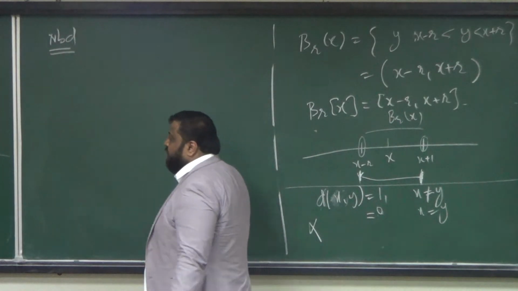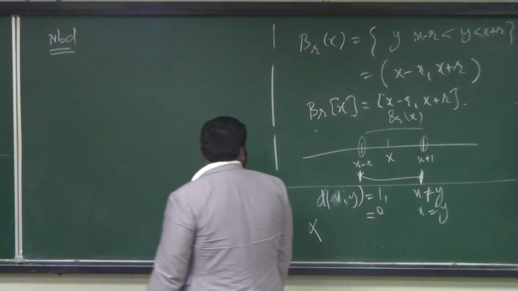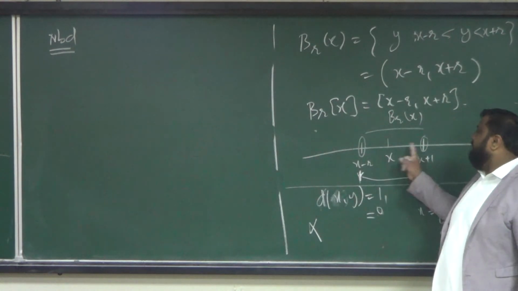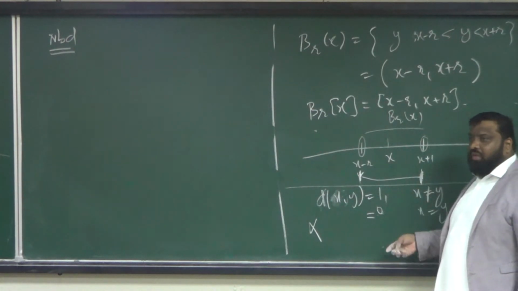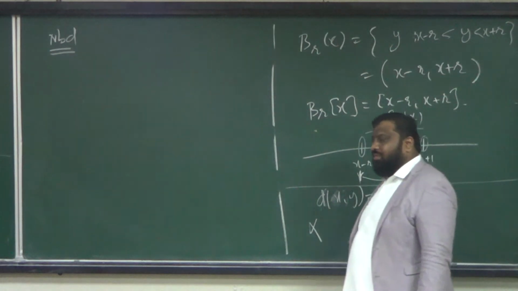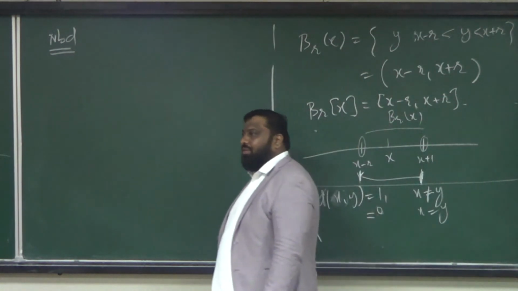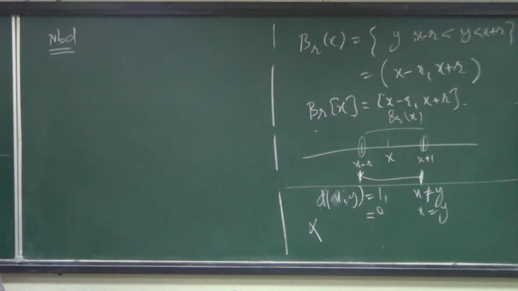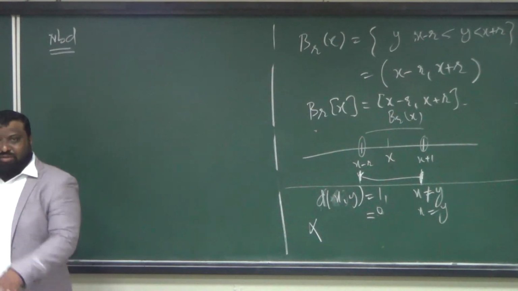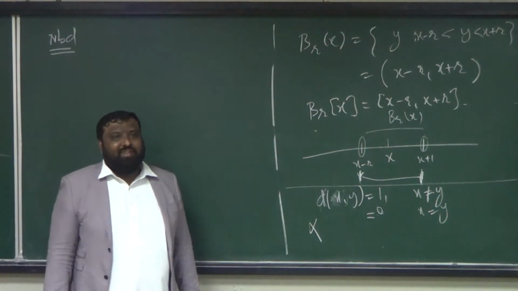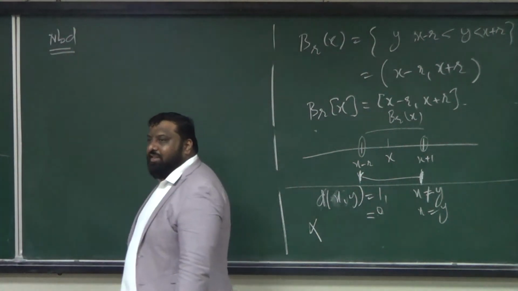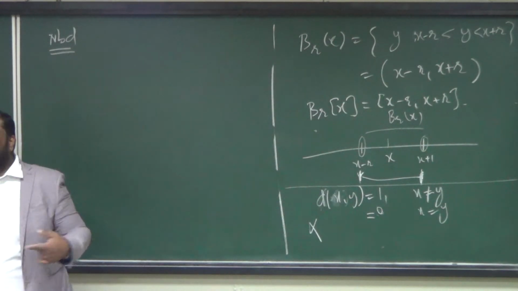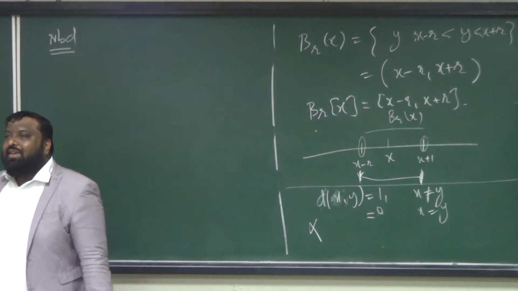So do you think that we can call these open balls a neighborhood? What is your intuition about neighborhood? Neighborhood is what? Pados. You have your house, and we say that 40 homes around you are in your neighborhood.